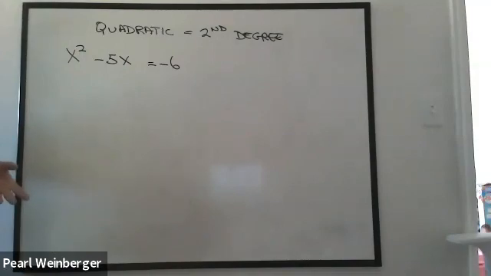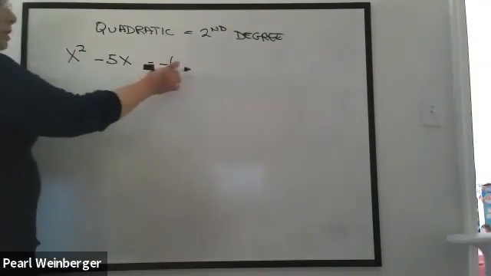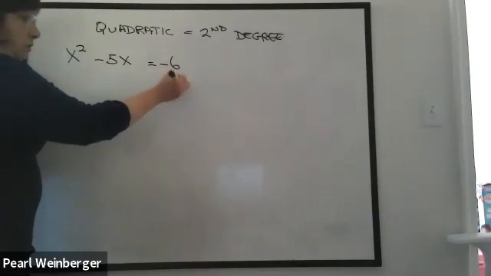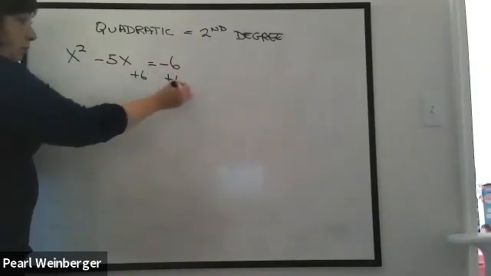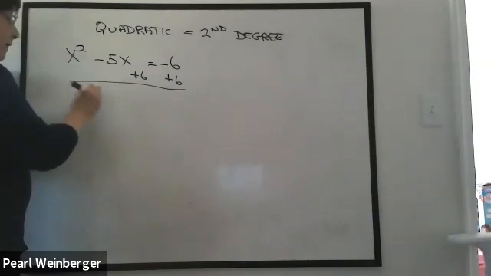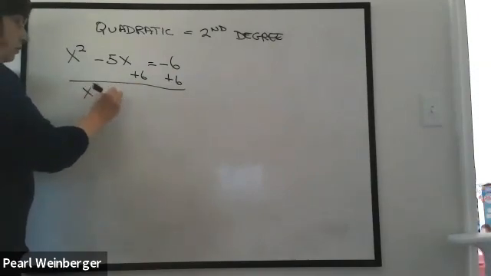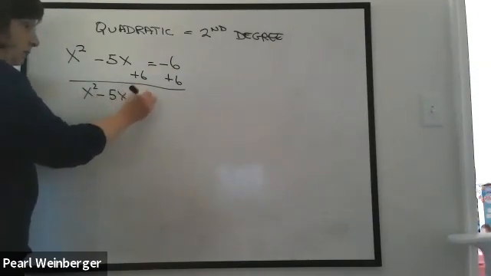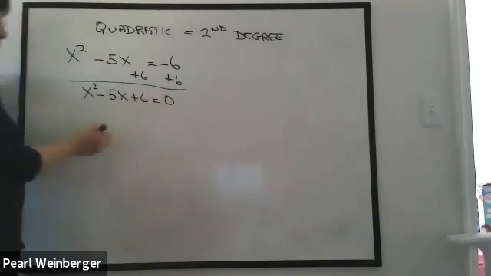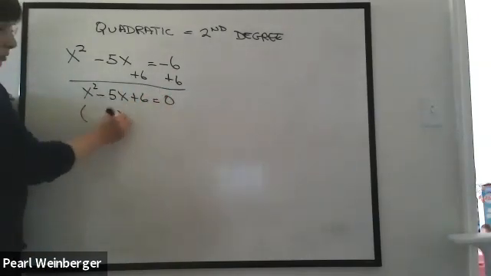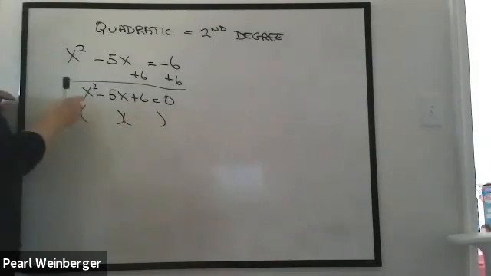And the way we solve this is we get it equal to 0. So we're going to bring the -6 to the other side. And that gives me x squared minus 5x plus 6 equal to 0.